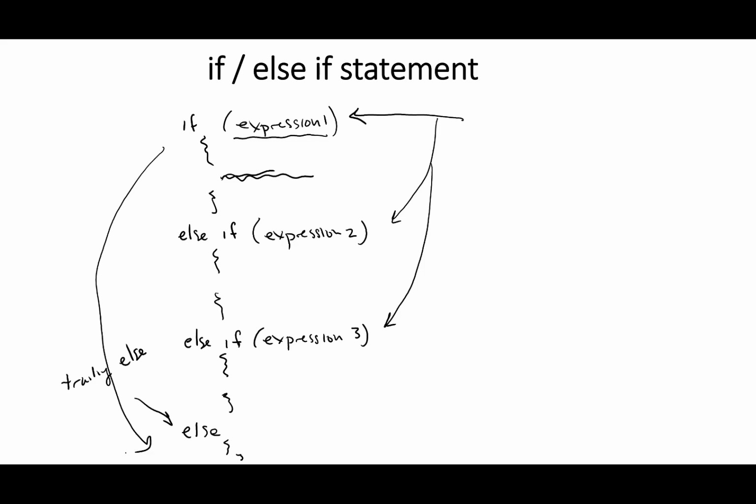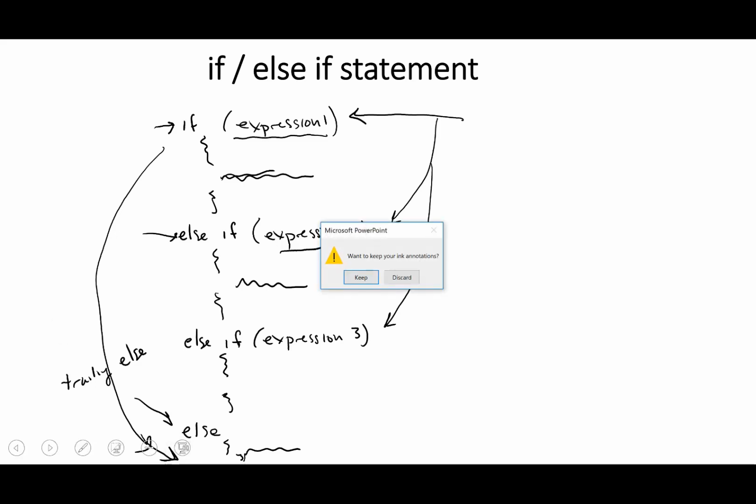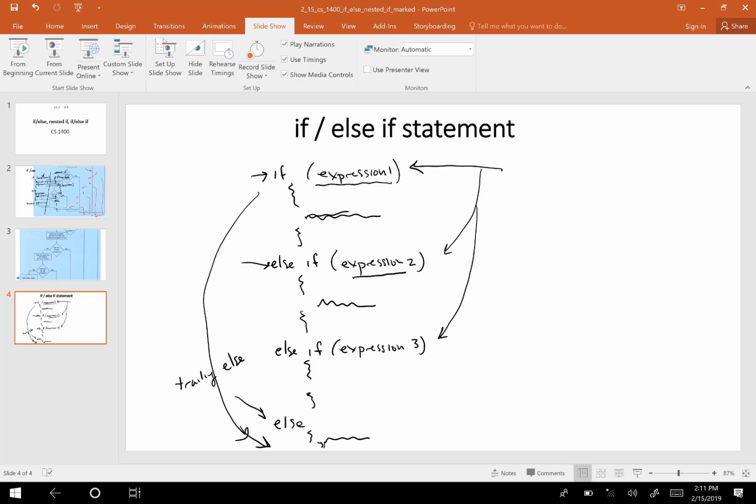If this if statement here is false, but then the second else if is true, like say this expression 2 is true, then it's going to execute what you have in this statement and then jump to the end of the code. So it's going to step through these if-else-if statements until it finds one that's true. And if it doesn't find one that's true, it's just going to execute what you have here in the else statement.